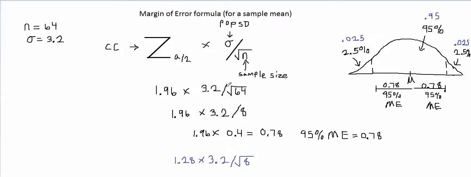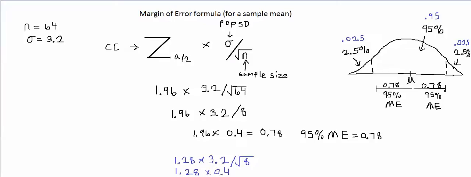Now I know that this whole thing right here will come out to 0.4 because I already did the math. I already know that the square root of 64 is 8, and I already know that 3.2 divided by 8 is 0.4. So I could just skip ahead to step 3 and just multiply 1.28 by 0.4. I'm just skipping over a couple of steps.